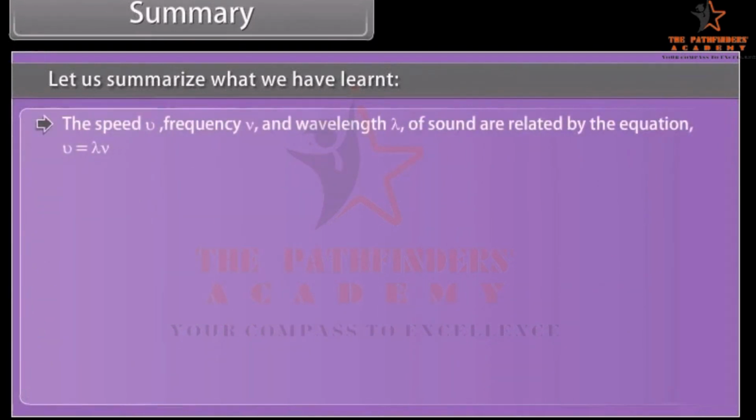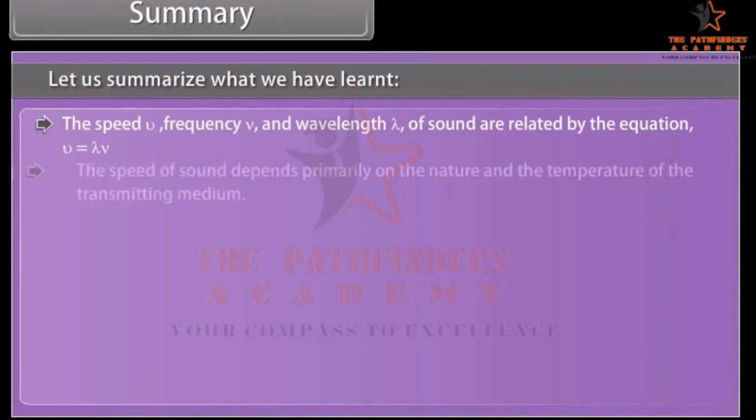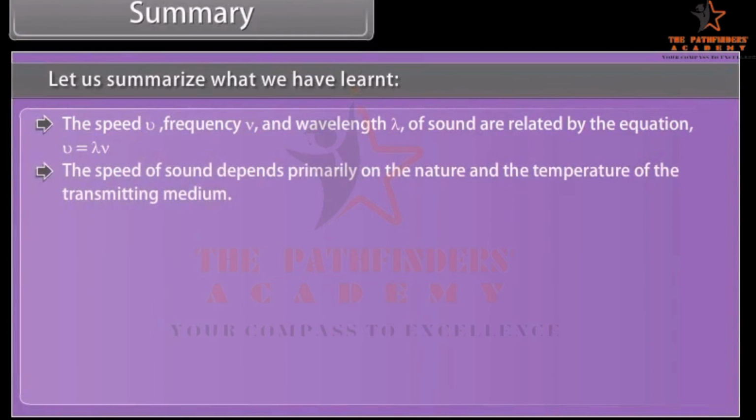The speed v, frequency nu, and wavelength lambda of sound are related by the equation v = lambda × nu. The speed of sound depends primarily on the nature and the temperature of the transmitting medium.